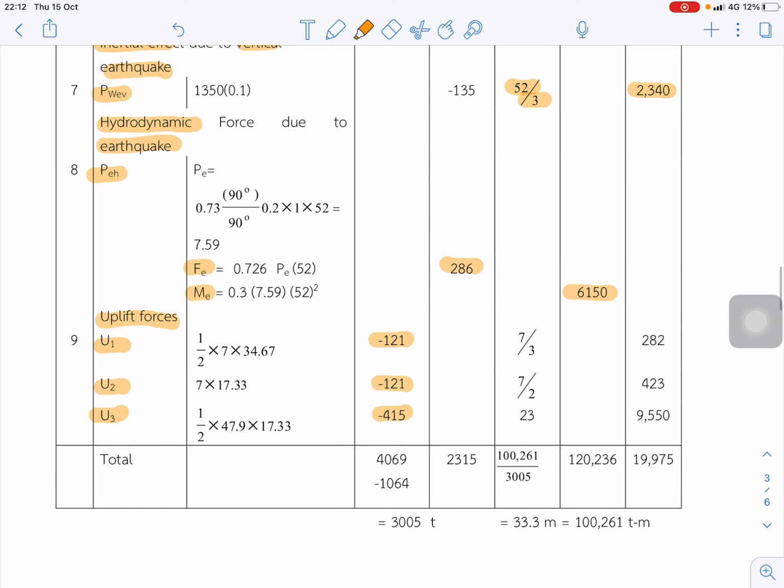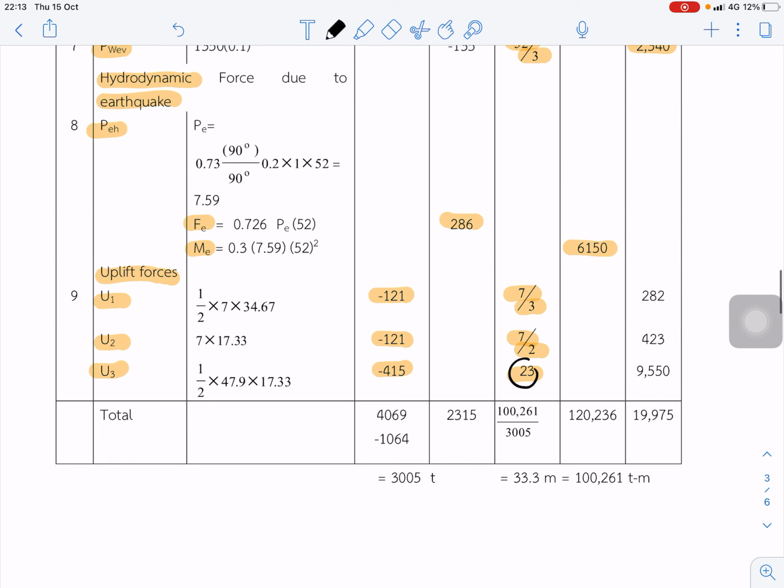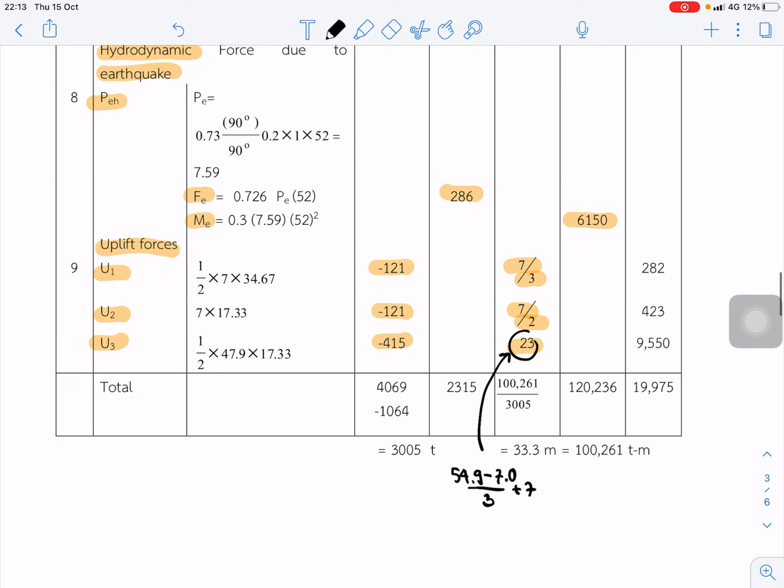And this is the moment arm or lever arm from what we showed in the PV diagram. This one is about 23, but we already proved it. And all the moments are positive, because it's anti-clockwise.